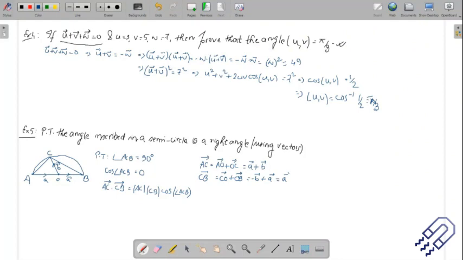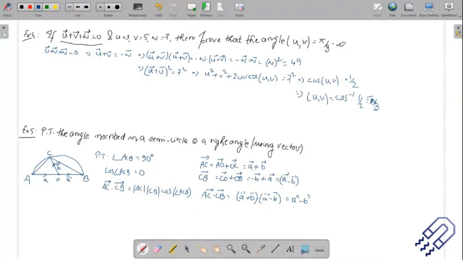Okay. So you can just simply take AC dot CB is equal to A bar plus B bar dot A bar minus B bar. If you do it this way, it will be A square minus B square.